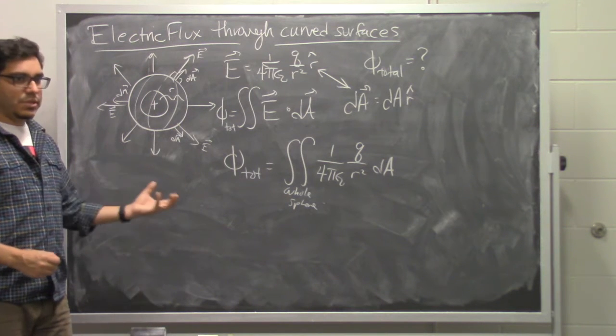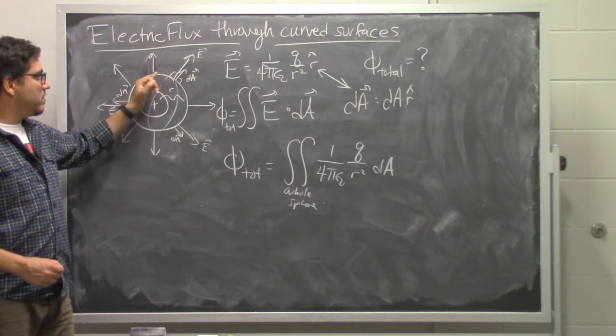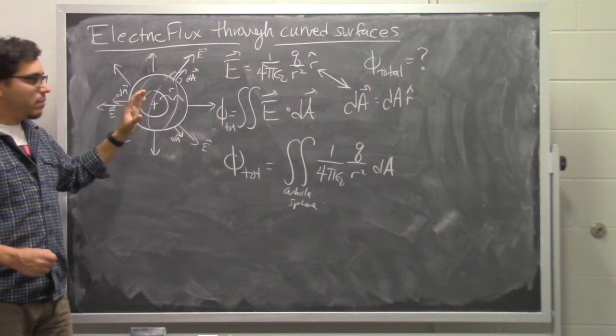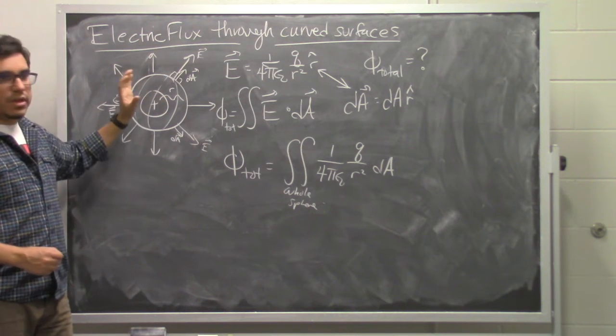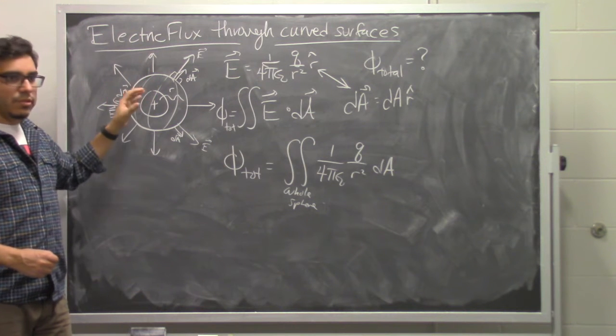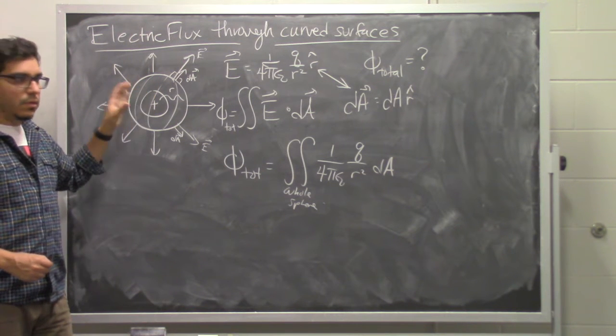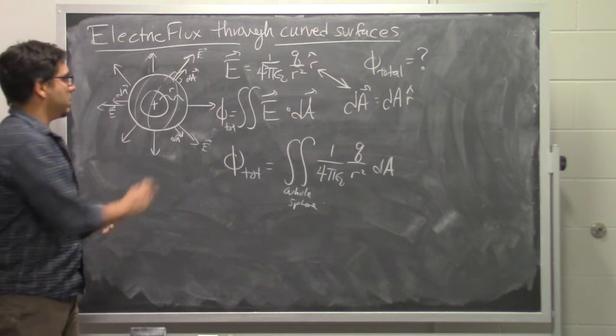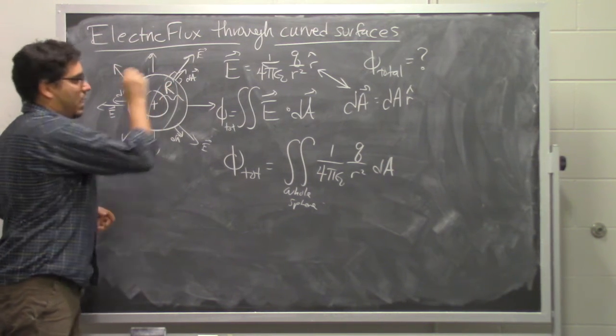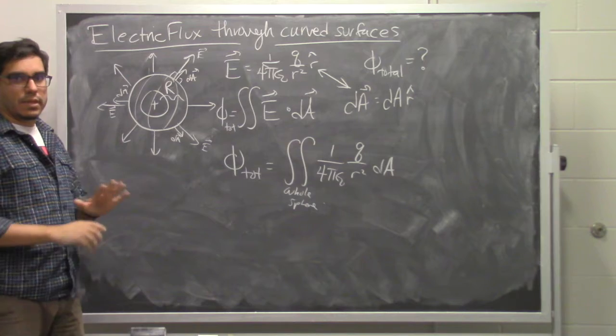Now the thing that's really special about this integral is that the distance that we are at is a fixed distance, right? The surface of the sphere is defined by how far we are away. So the electric field is a constant magnitude. The simplest thing we could do is actually redefine this little r as a fixed capital R. That is the distance that we are at, and that's it.